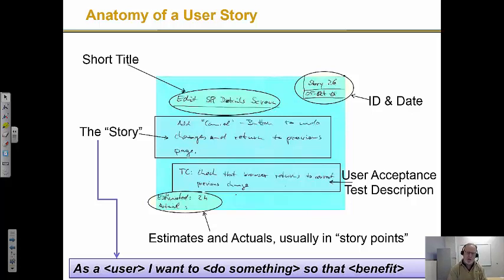And if I'm a developer looking at a story, I probably could read a story and have an idea of how much more complex this is or is not compared to something else. So really the best practice for your estimated and your actuals is to do it in terms of what's called story points. Story points are a relative indicator of value. Okay.